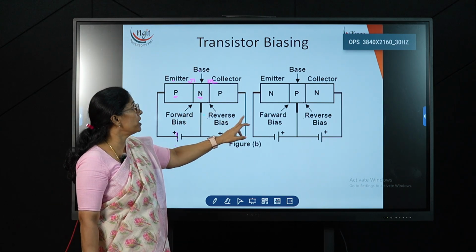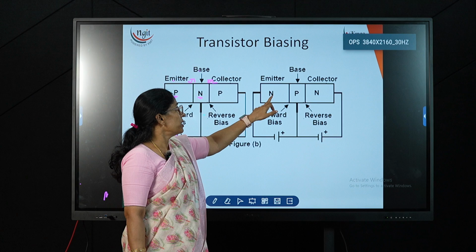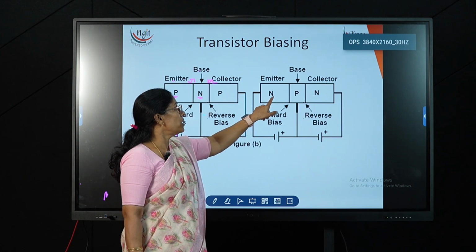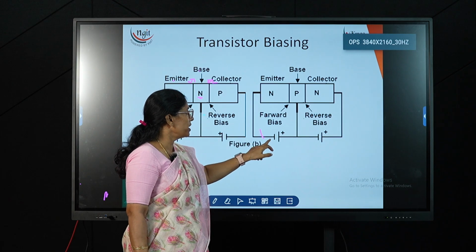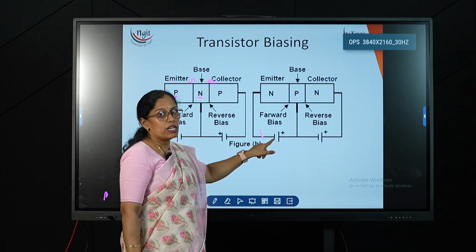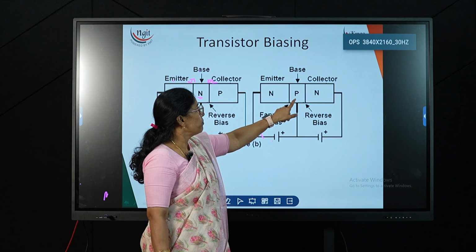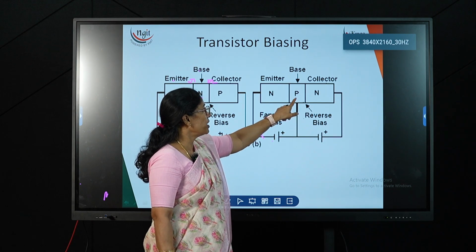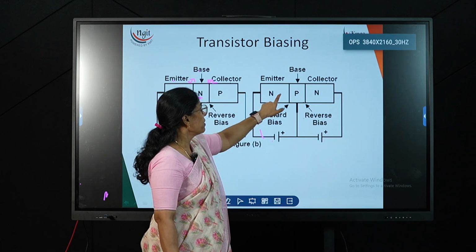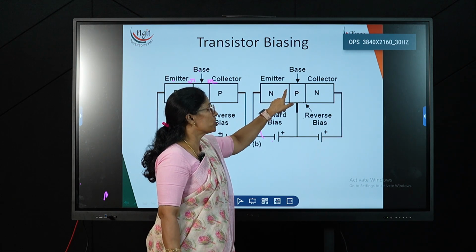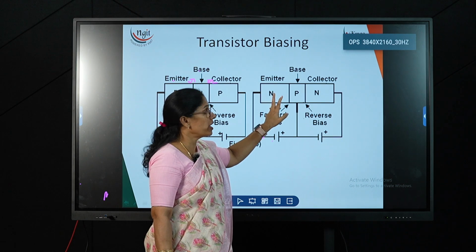Similarly for the NPN transistor, the emitter is N material. To make the emitter base junction forward biased, the N material should be connected to the negative plate of the battery, and the base, which is made up of P, is connected to the positive. Thereby junction 1, or the emitter base junction, is forward biased.